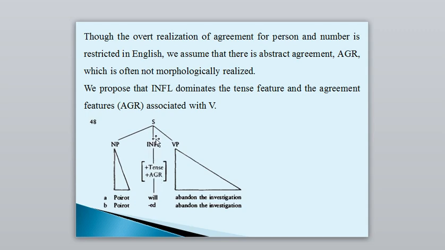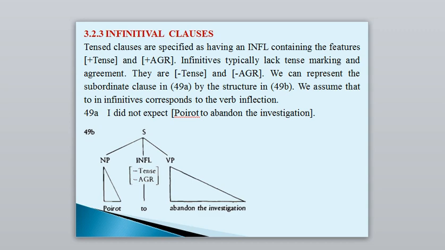So the inflection node consists of two features here, tense feature and agreement feature, for example will or ed. It's true that languages like English may have a restricted amount of agreement, but we assume that there is abstract agreement in all languages. So we can say that inflection consists of two features, tense and agreement. So these are the features of inflection.